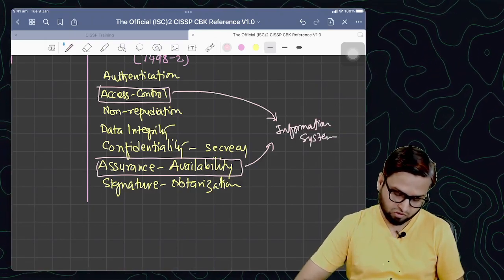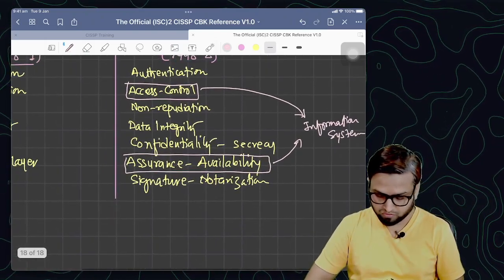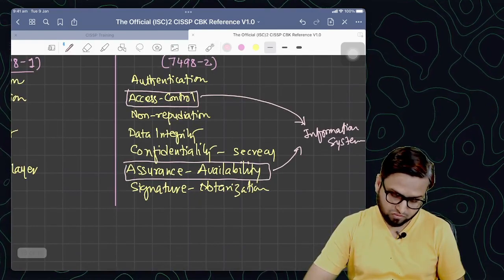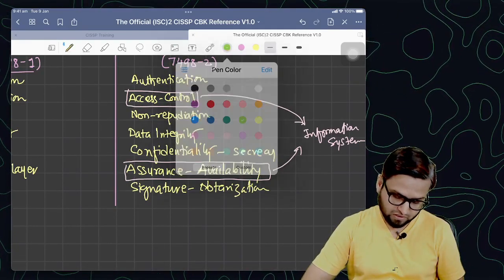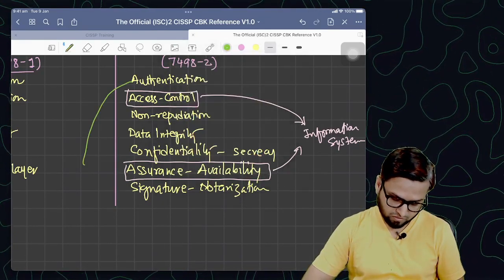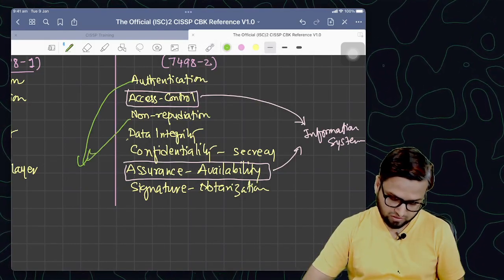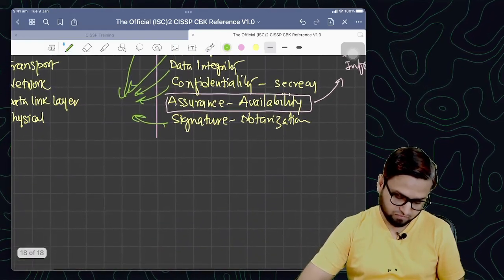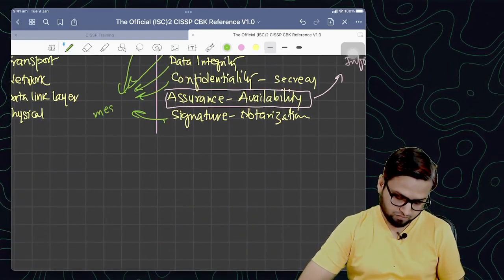And the rest of the things, authentication, non-repudiation, data integrity, confidentiality and signature, all apply to the message itself. So data integrity, confidentiality, signature, this applies to the message.